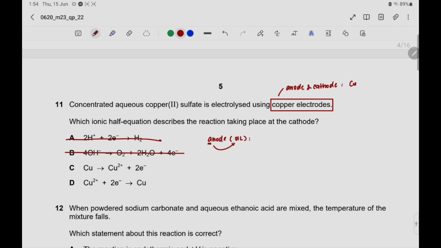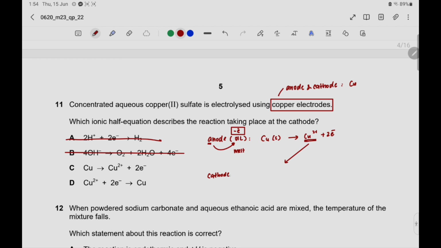I want to become a very smart student, so I will lose my electron. I don't want my electron. So I lose something, I am actually melting my electrode as well. So my copper is from solid, I actually turn myself into copper 2+ ion plus 2 electrons.